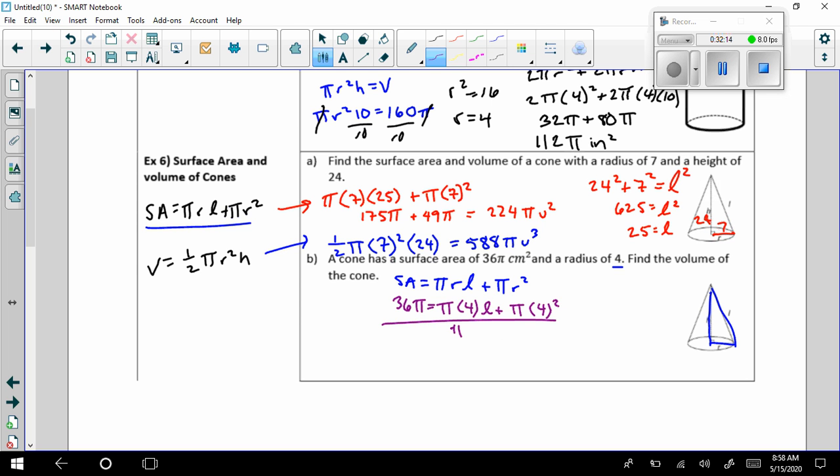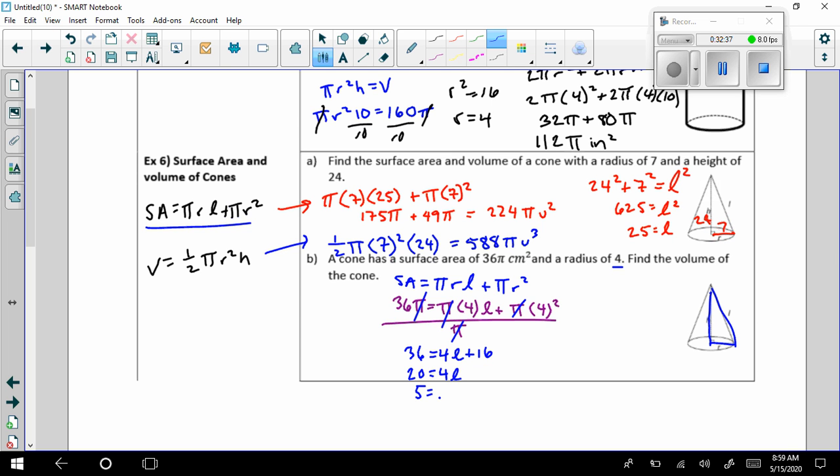Divide everything by pi to start out, and all of them will cancel. So then we get 36 is equal to 4L plus, go ahead and square that, 16. So 20 equals 4L. We subtract that over.